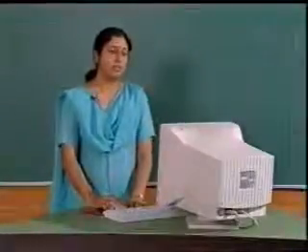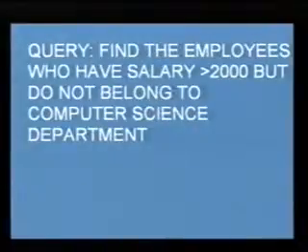Now, let us assume that we are given a query to find the employees who have salary greater than 2000 but do not belong to computer science department. It looks like a very complicated query, but it can be easily solved using the set difference operation.